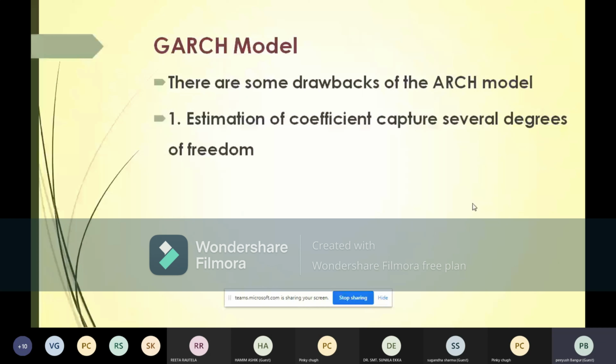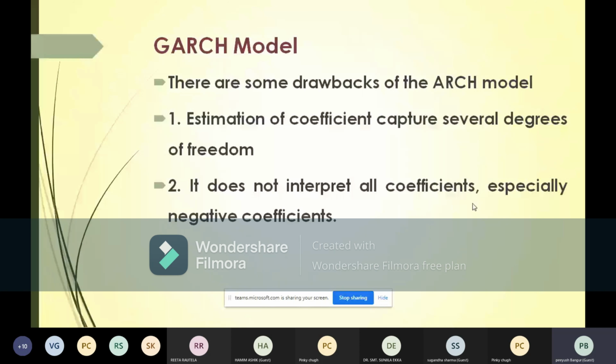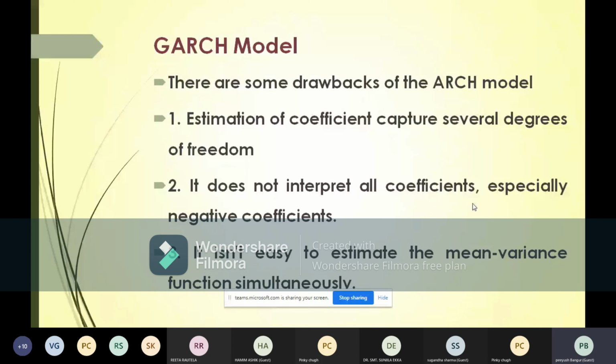Friends, this is not a problem in the GARCH model, but yes, there was the problem of negative coefficients. What exactly it is interpreting was the biggest drawback in the ARCH model. Number three, it is not easy to estimate the mean and variance functions simultaneously.